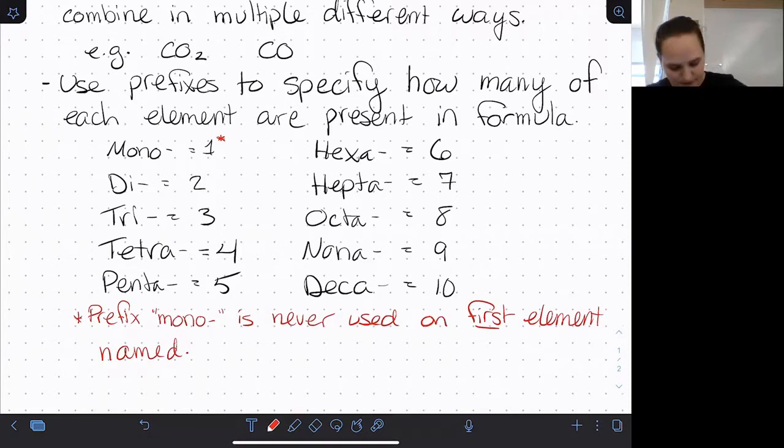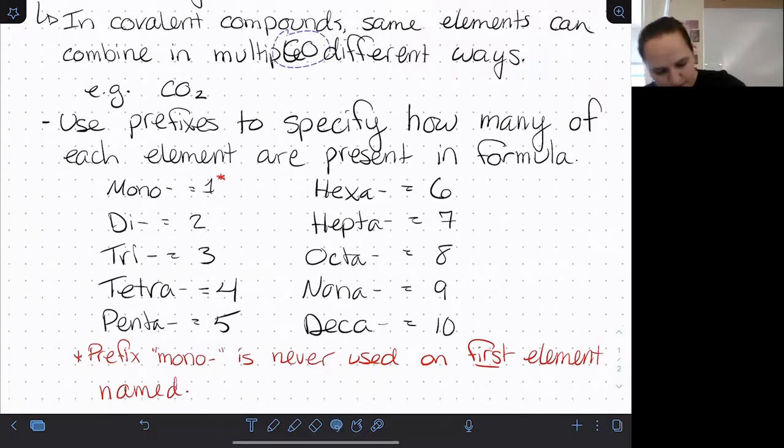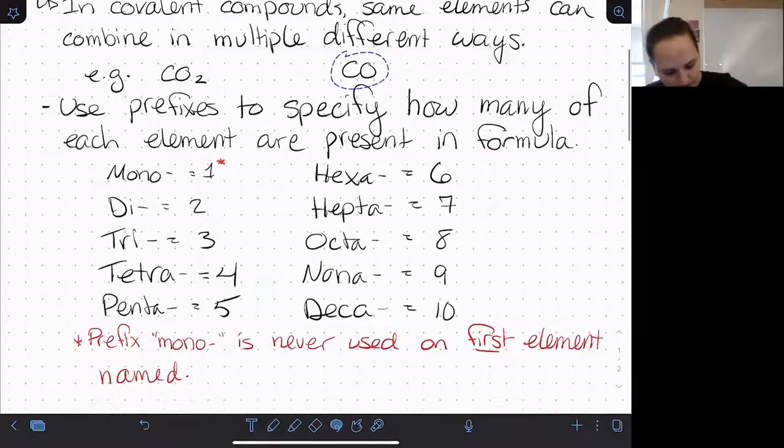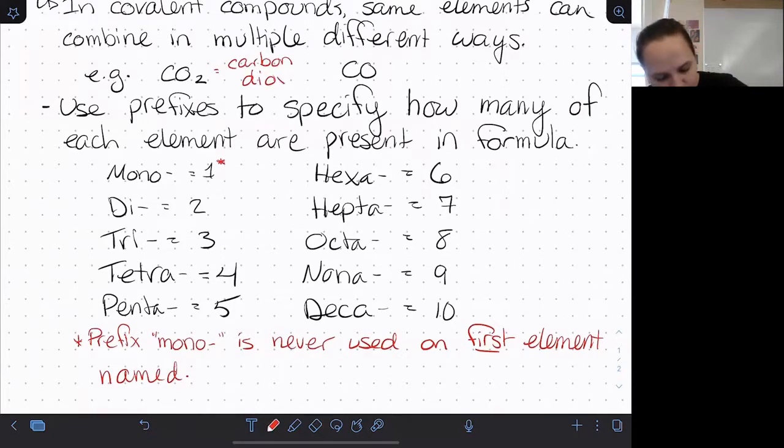So this is where these names are coming from that you might be familiar with already. CO2, you likely know, is carbon dioxide. You'll notice that we did not put the prefix mono on the first element, on the carbon. There's only one carbon, but we don't specify that. If there were two, we would say dicarbon.